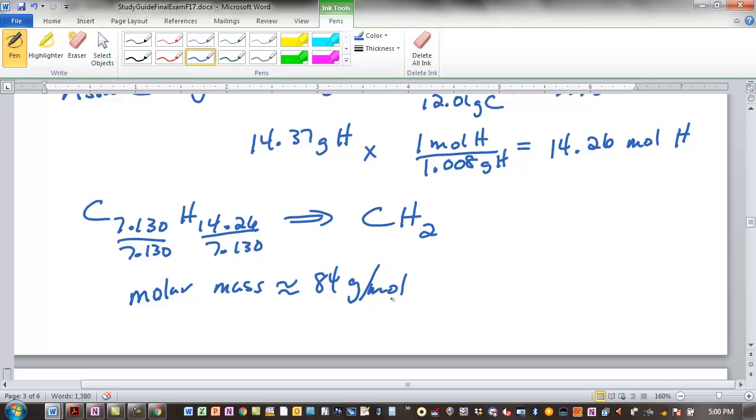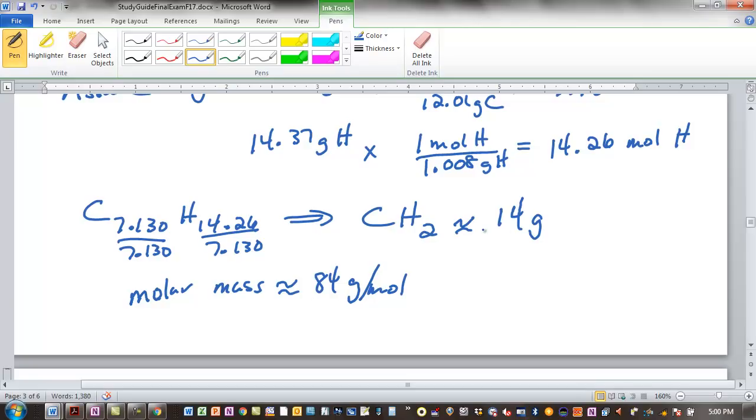So you're going to have to calculate this mass and compare it to the molar mass. Typically at this point you don't have to use exact molar masses. We could say 12 for carbon, 1 for each hydrogen. This mass is going to be approximately 14 grams for a mole of the empirical formula.